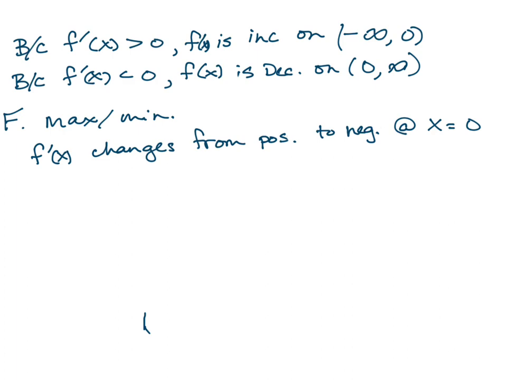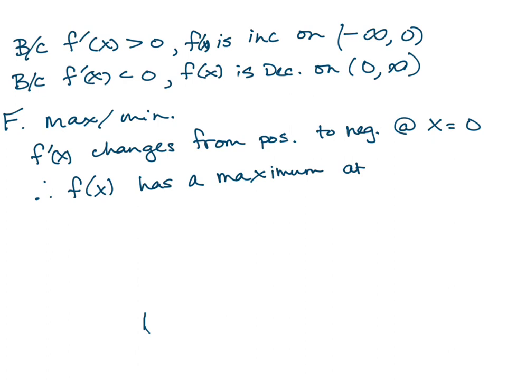Therefore, this little 3-dot triangle stands for therefore. I probably never use that. Therefore, f of x has a maximum value because it's going from positive back to negative, so up then down. Has a maximum at what?